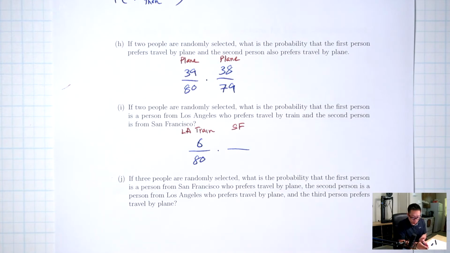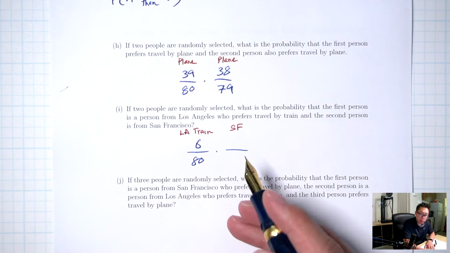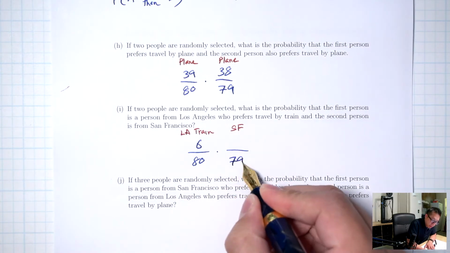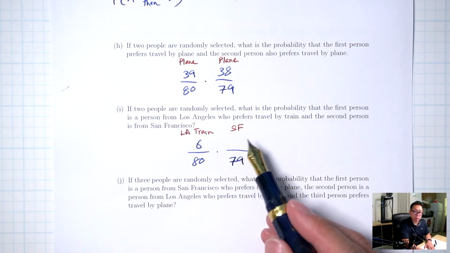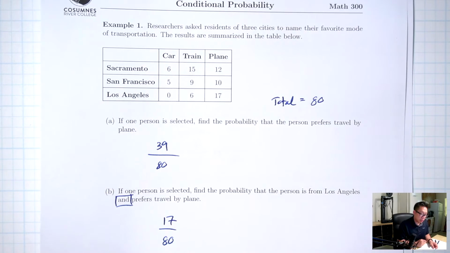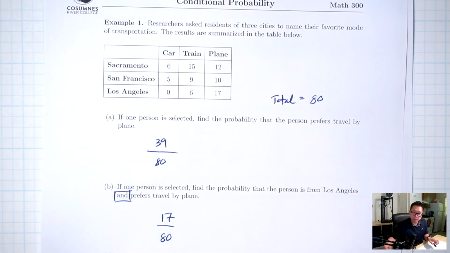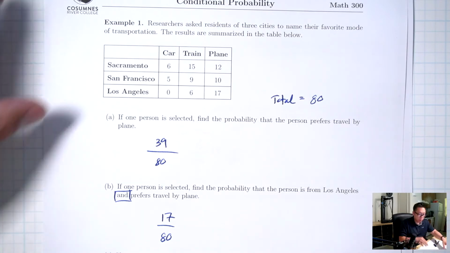Second person, for the bottom, I already chose one person, so I should be down by 1 to 79. For the top, San Francisco. San Francisco would be 5, 9, 10. 5, 9, 10 is 24, I think. Okay, 24.